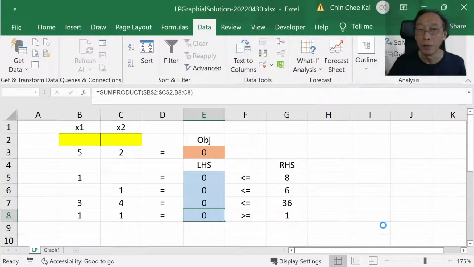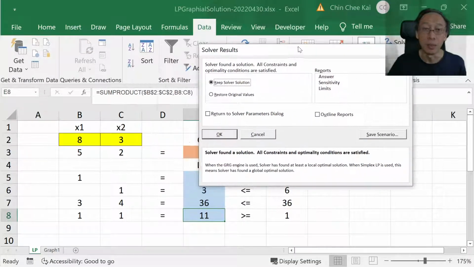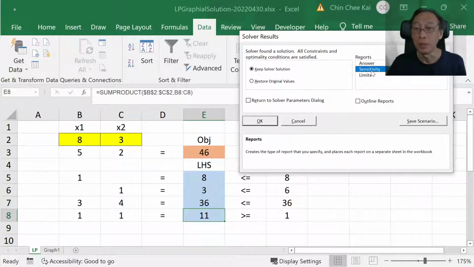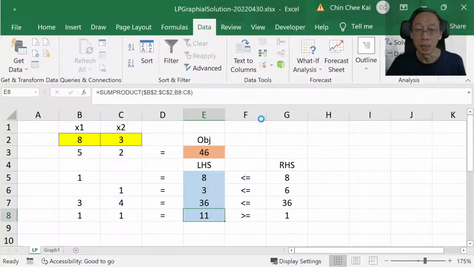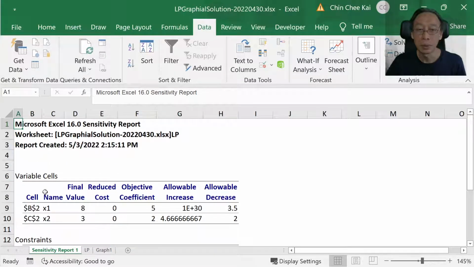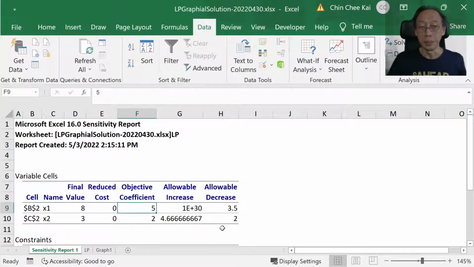And then when we solve, we found that the solution is 8, 3 with a maximum profit of 46, exactly as what we have found using the manual graphical approach. More interestingly, if we run sensitivity analysis and look at the outcomes, the sensitivity report will tell us the allowable increase and decrease of each coefficient while holding the other coefficients fixed.